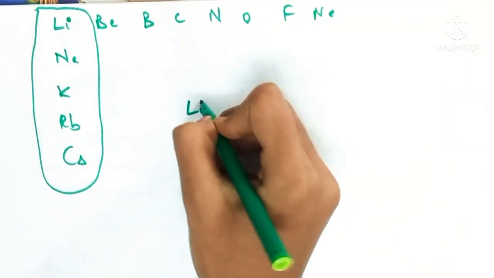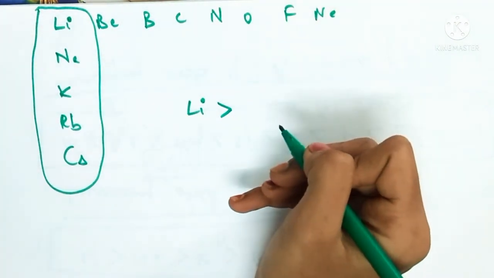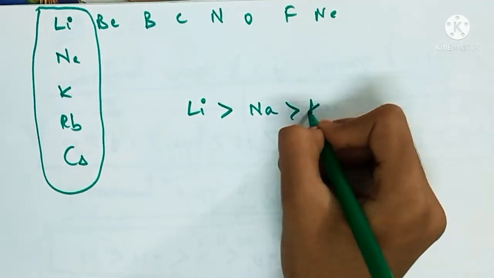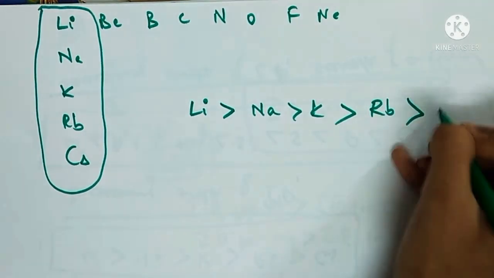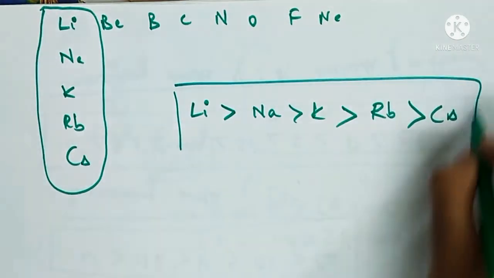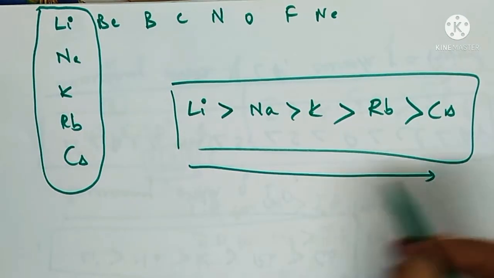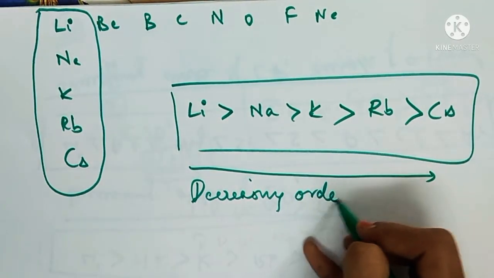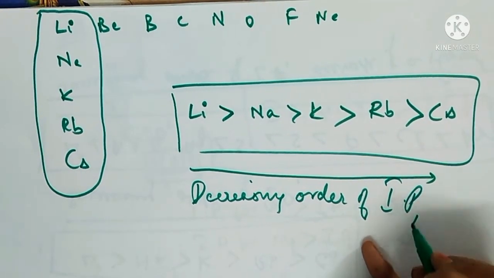So lithium has the greatest IP in 1A group. This is the decreasing order of IP1.